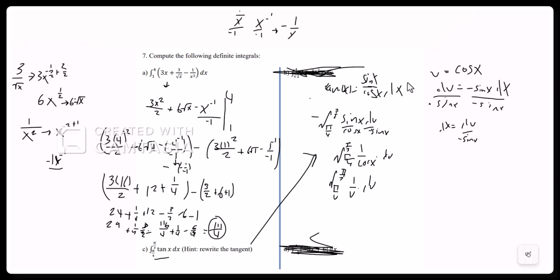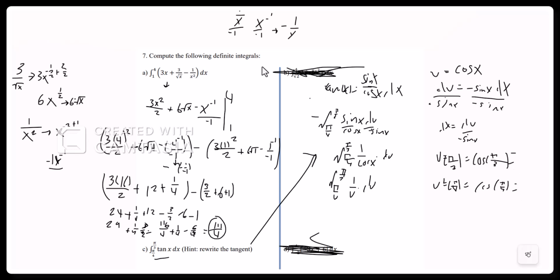However, since we got rid of the dx, it's no longer in the same intervals as pi over 4 and pi over 3. So in order to find the correct intervals, we must plug in u as pi over 3 and u as pi over 4. And this is going to be within the cosines. So cosine of pi over 3, cosine of pi over 4.